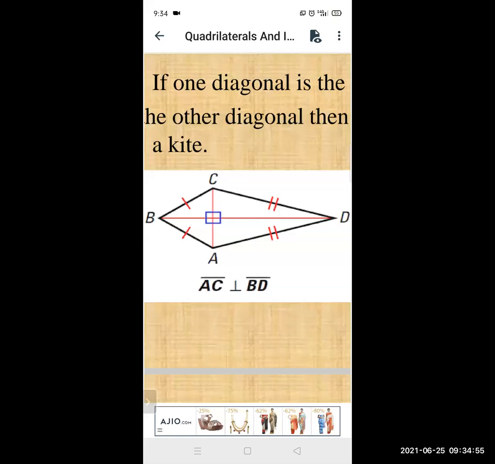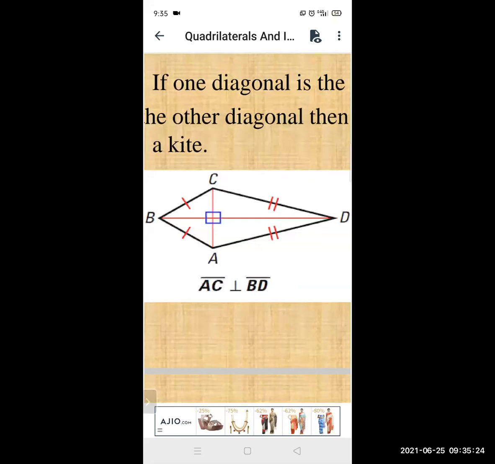And here on the right side, AD is congruent to CD, because two lines are drawn, meaning one adjacent pair is congruent. AB and AD are not congruent. What are the congruent adjacent pairs? That is AB and CB, and on the right side, AD and CD. They are congruent.